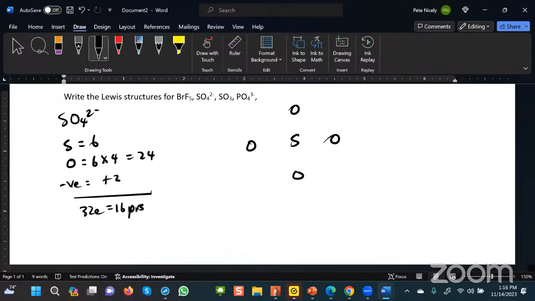And then we put the bonding pairs. 1, 2, 3, 4. Then 5, 6, 7, 8, 9, 10, 11, 12, 13, 14, 15, 16. Okay, what next?